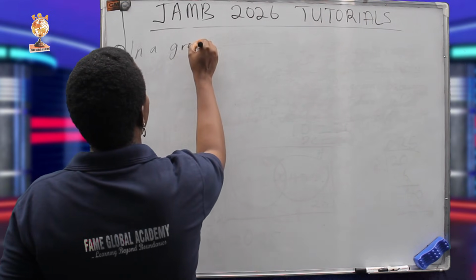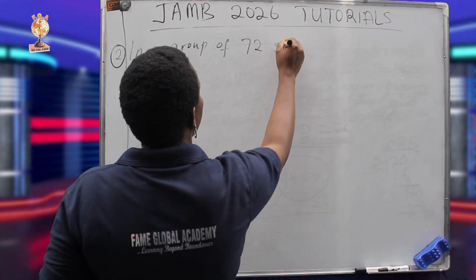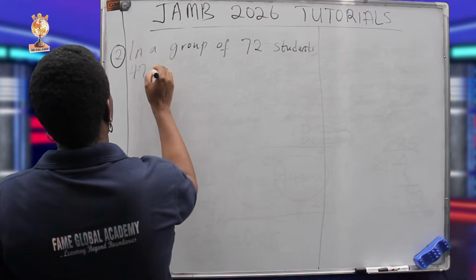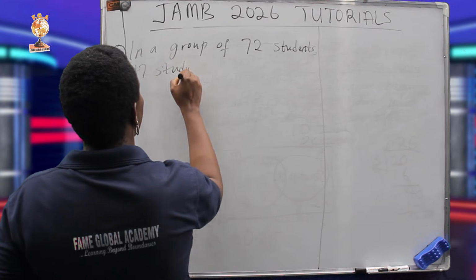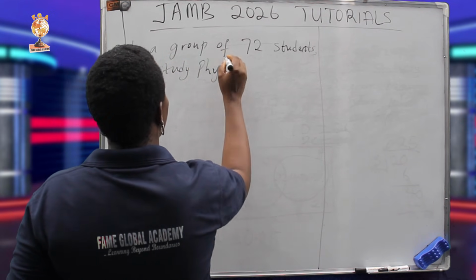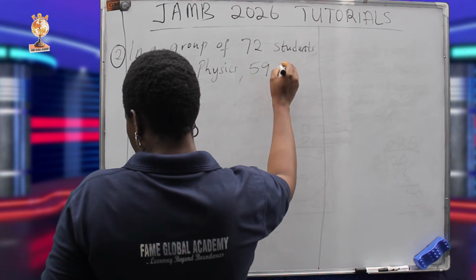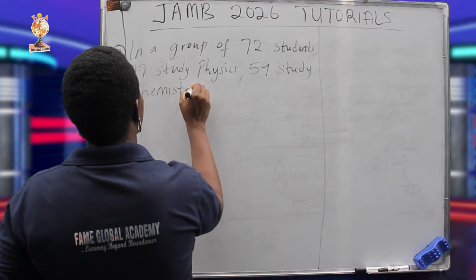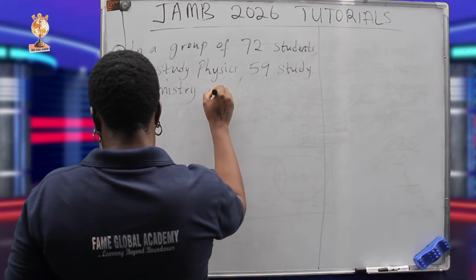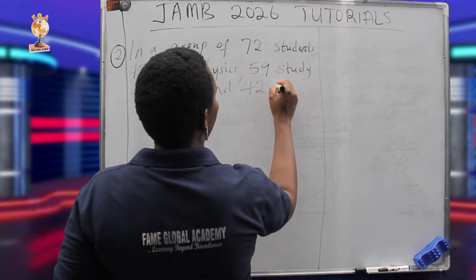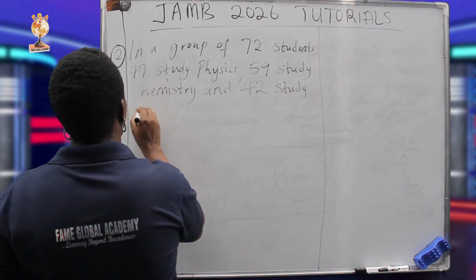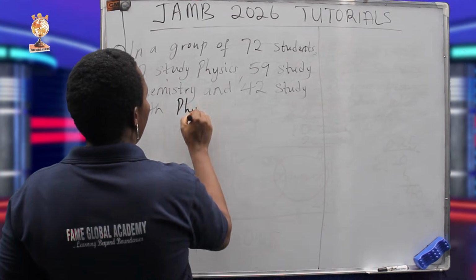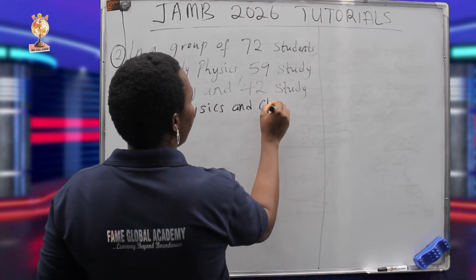In a group of 72 students, 47 study physics, 59 study chemistry, and 42 study both physics and chemistry.